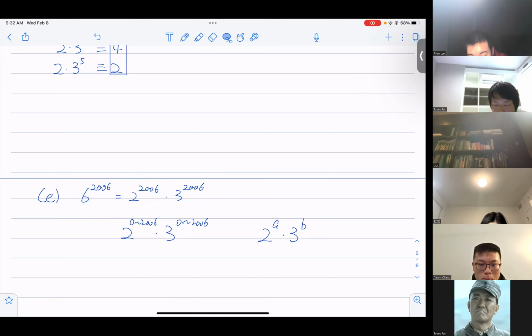By the way, to find the total number of divisors, the divisor function d, you add 1 to each power and then multiply them. So the number of divisors of 6 to the power of 2006 is going to be 2007 squared, which is about 4 million. Make sense? So how many of them have a unit digit of 6?